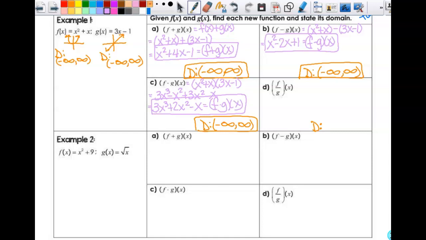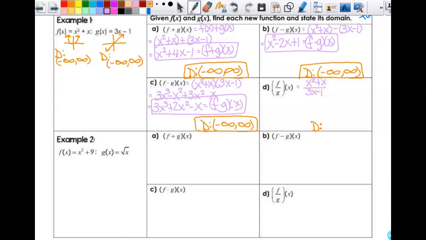Anything else? All right, so let's look at the division. So this is equal to f of x, which is x squared plus x over 3x minus 1. Okay, so can I cancel this x out with this one?